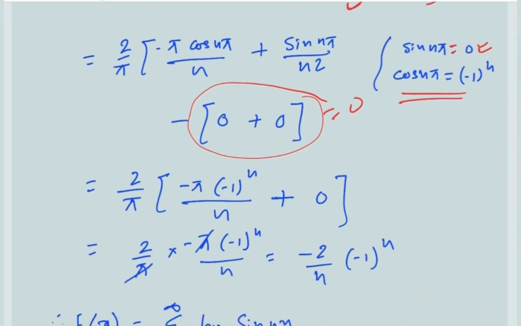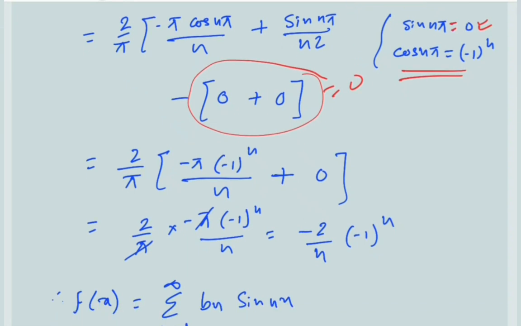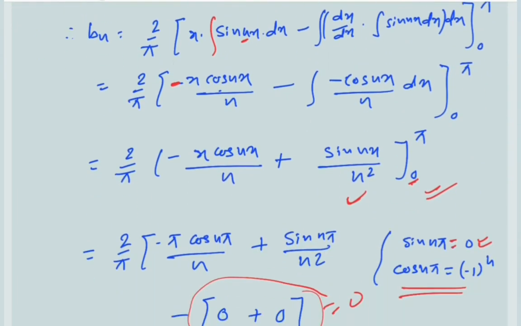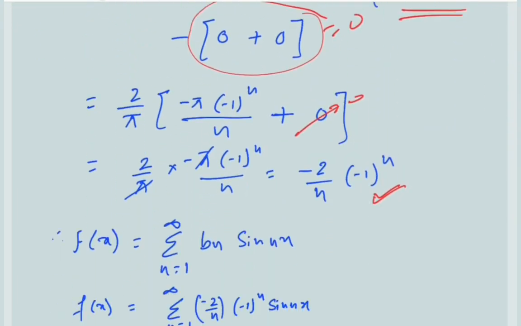Again we put 2 by pi, minus 1 raised to n by n, plus 0. Again because sin n pi is 0, this term will get 0. So 2 by pi will get cancelled. So finally we get the expression minus 2 by n, minus 1 raised to n. So this is the value of Bn.